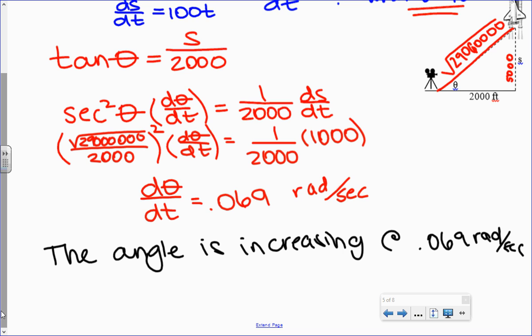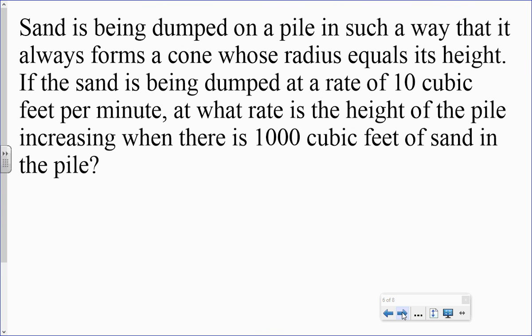So I think this is going to be our last problem. This might be one of the more important problems. You will see cone problems often. Go ahead and read through it.